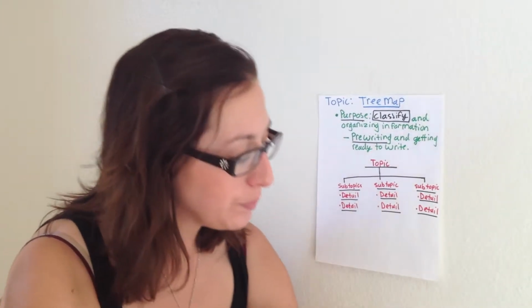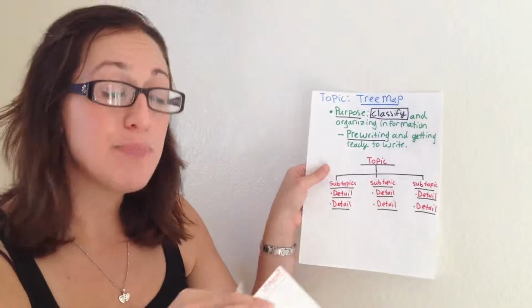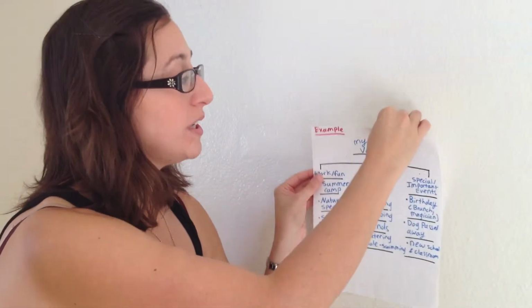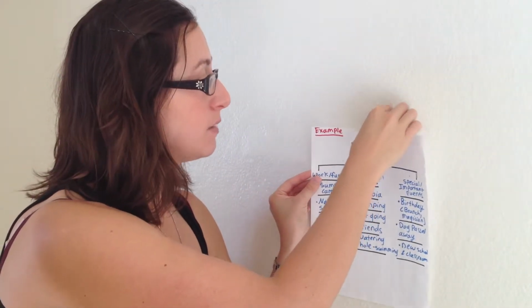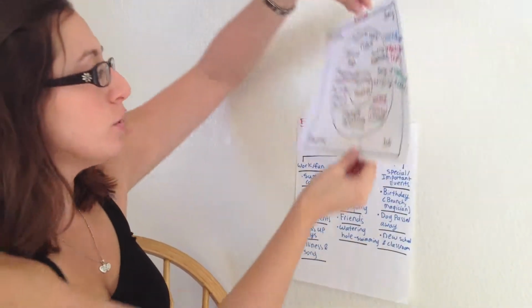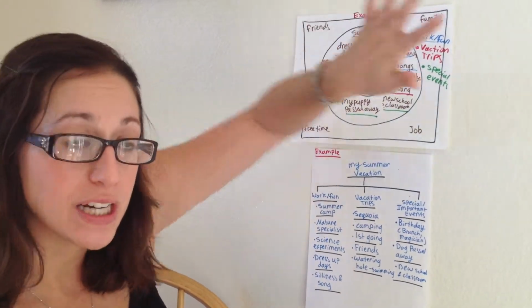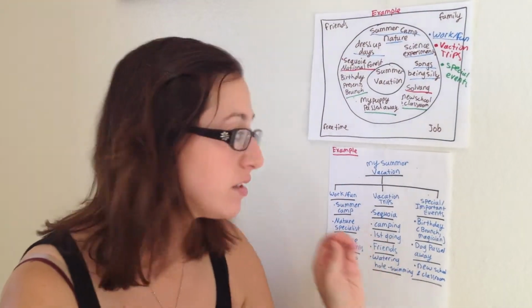Okay? So I'm going to show you my example that I already did that's actually based off of the circle map that I showed you last time. So here is my tree map, and then on top, above it, I'm just going to have my circle map, which you should have your circle map too, to see how it can help you organize your ideas so that you get ready for this. Okay?